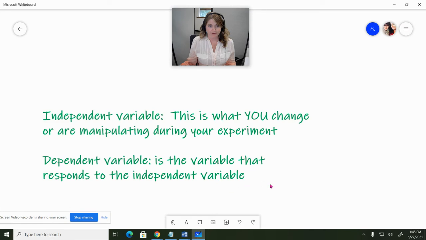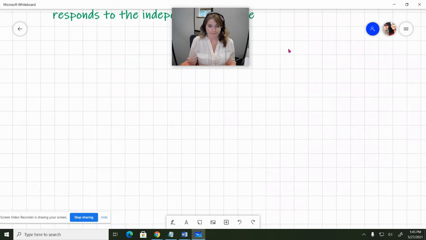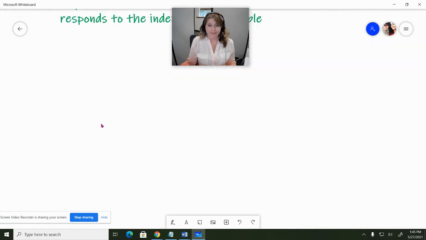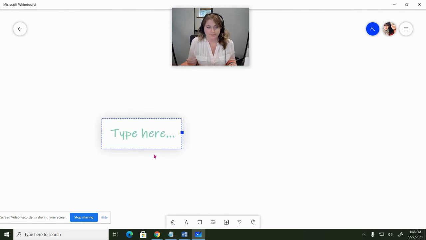So let me put those on here. Okay. The one that's given as an example, you can use that one if you want. In that example, you are going to see how the intensity of the exercise you do affects your heart rate.